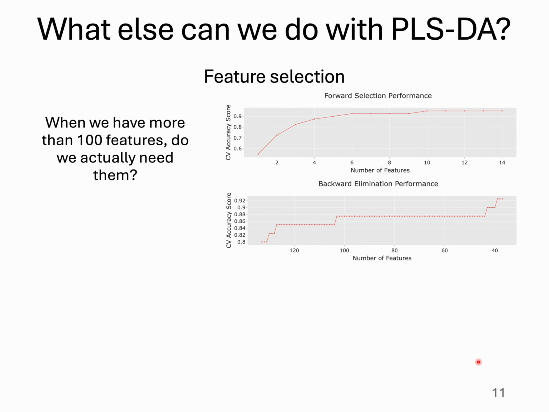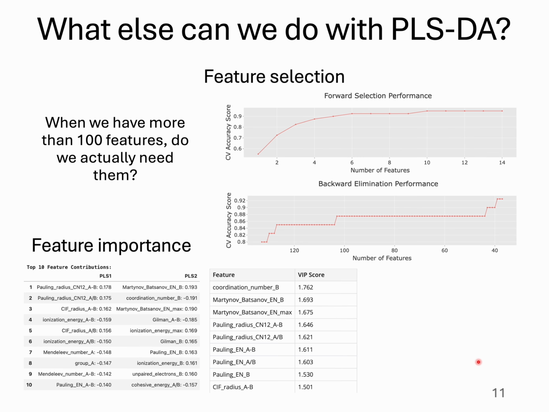and find accuracy values for the model based on the number of features used. And also we can get the feature importance by getting the top contributing features to each component of our PLS-DA when we reduce the dimensionality.